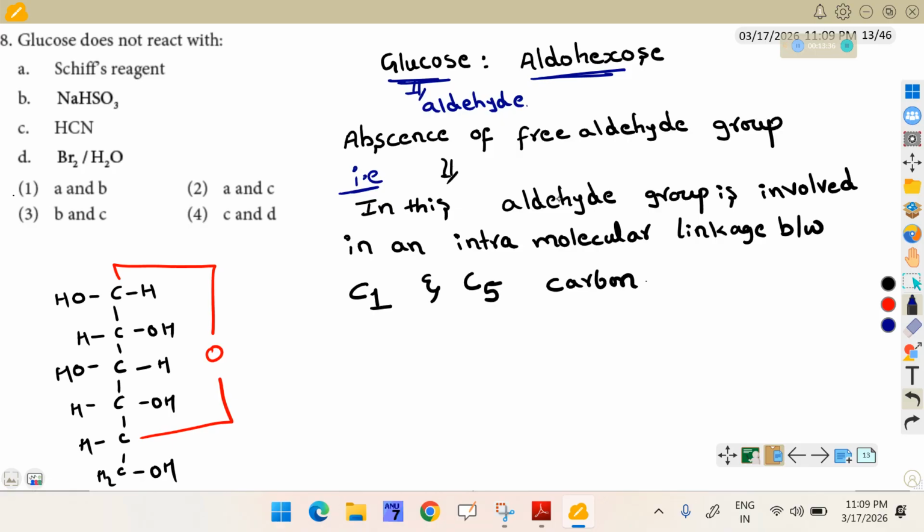Here, the aldehyde group is involved in an intramolecular linkage between the first carbon atom and the fifth carbon atom. So the aldehyde group is present, but it is not free. That's the reason it does not give Schiff's reagent test and does not react with NaHSO3. So the correct option is the first option.